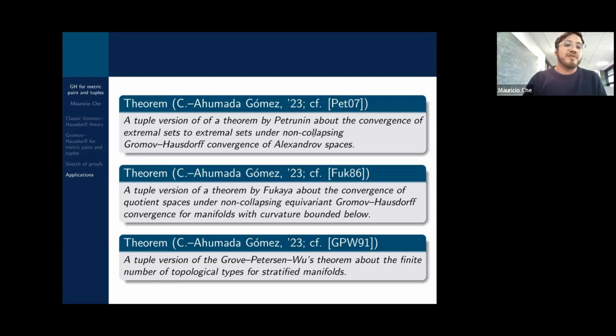And what we did here is basically a tuple version of this, where we consider tuples of extremal sets, and then the limit is also a tuple of extremal sets.